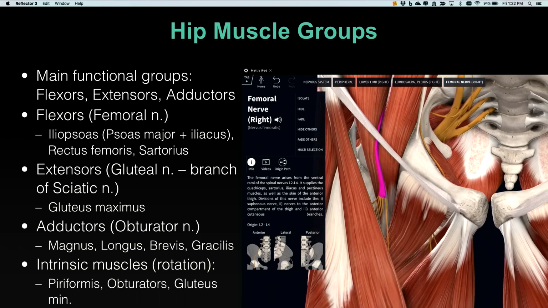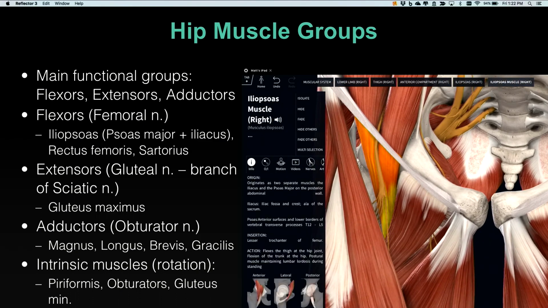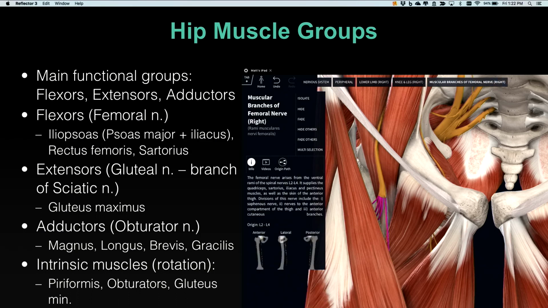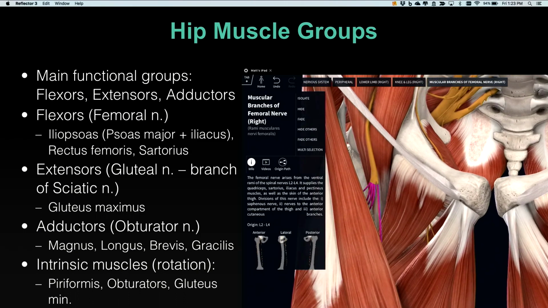But even after it splits, it's still the femoral nerve. They're just branches, muscular branches of the femoral nerve. And those will come into play shortly when we talk about some of the other flexors of the thigh.